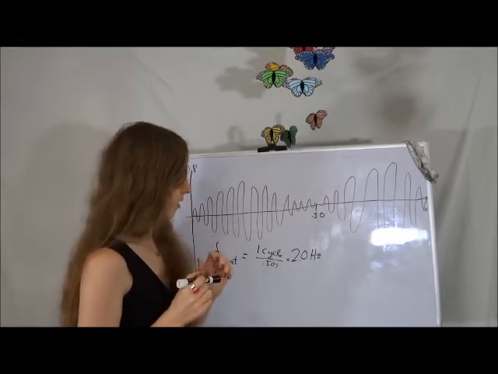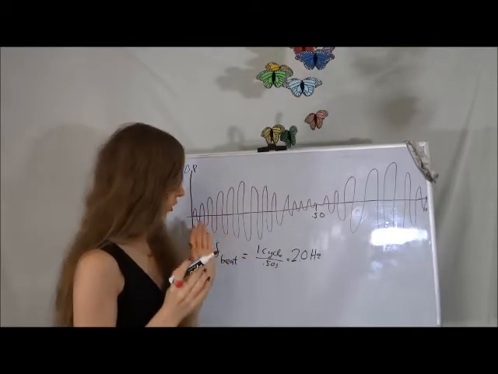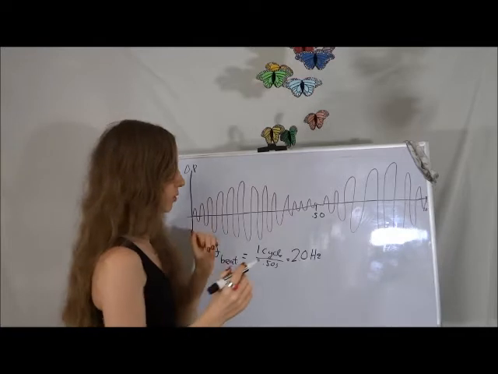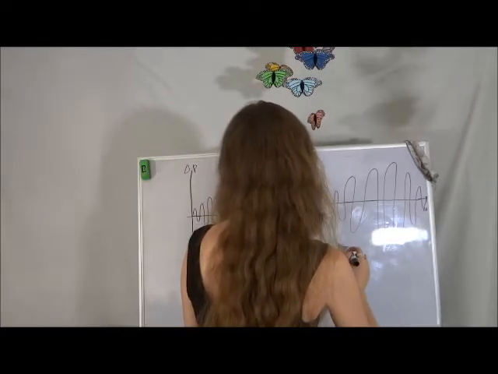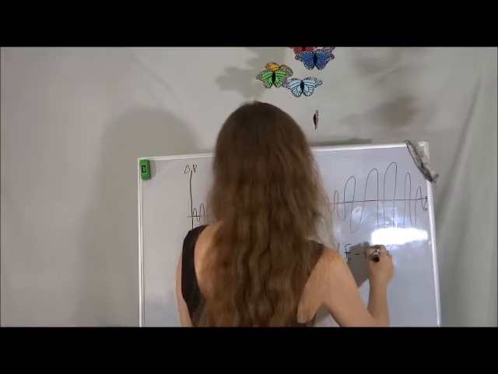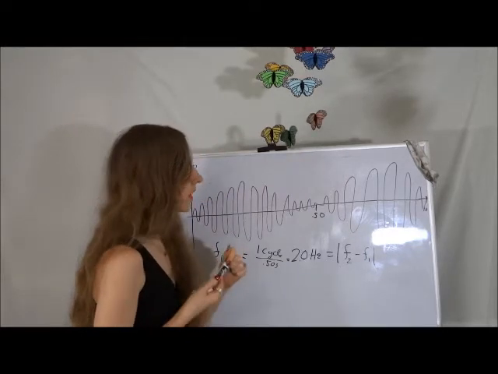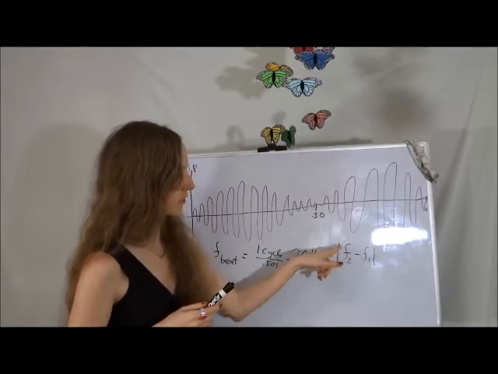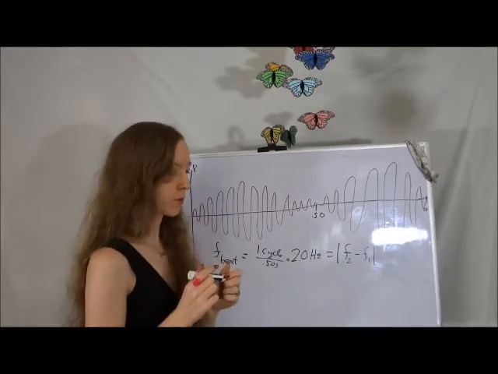Now, once we know our beat frequency, let's recall how it's related to our individual frequencies. We know that F beat is equal to the absolute value of F2 minus F1. Now, this on its own isn't enough information for us to solve the problem, but we do have another equation at our disposal.